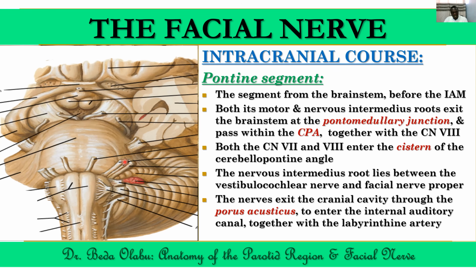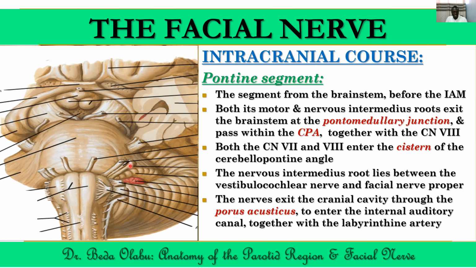So the three nerves, facial nerve proper, nervus intermedius, and vestibulocochlear, exit the cranial cavity by going through the porus acousticus. Porus acousticus is the medial opening of the internal auditory meatus. So the three nerves enter through that, but they also enter together with another vessel, the labyrinthine artery.